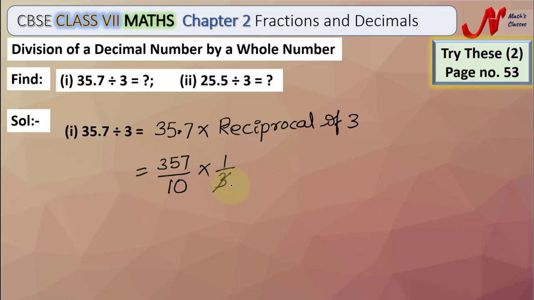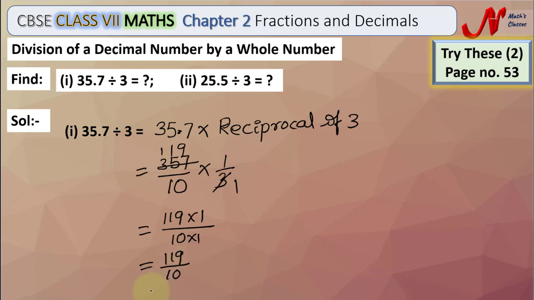So here cancellation is possible. 3 ones are 3, 3 ones are 3, 3 ones are 3, here 2 remaining, so it becomes 27, so 3 nines are 27. We can write it as 119 into 1 by 10 into 1. It can be written as 119 by 10.